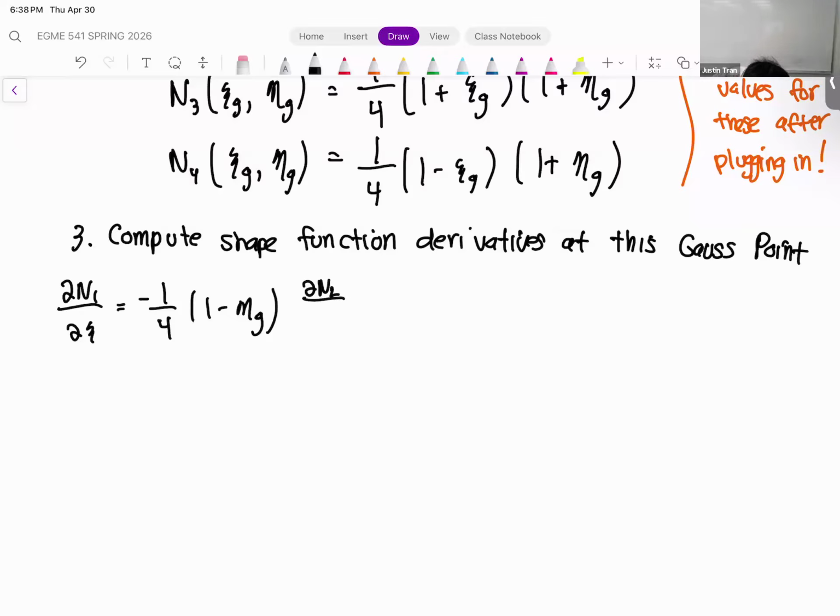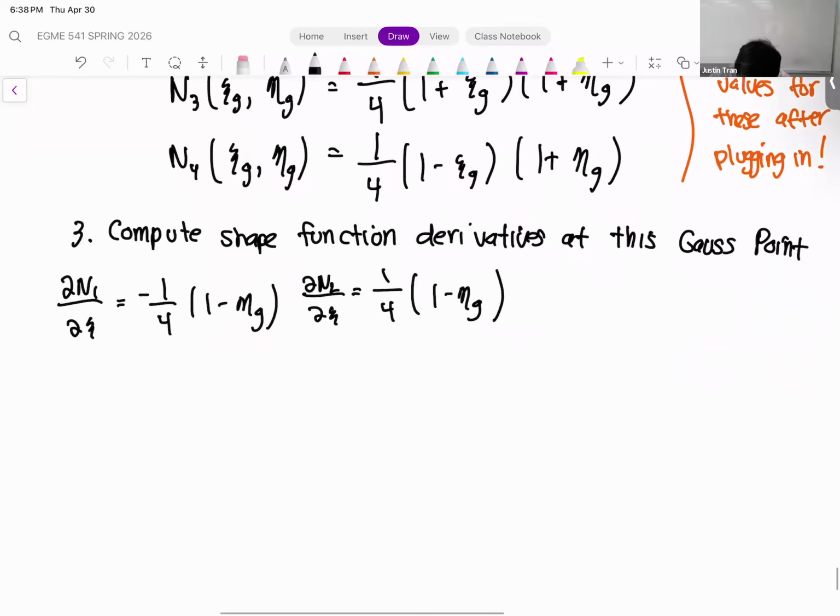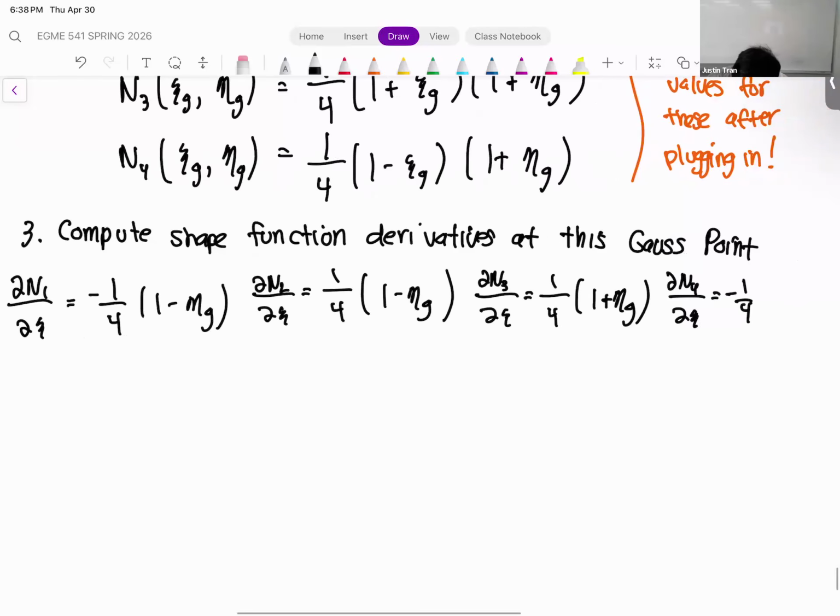Partial n2, partial epsilon is equal to a positive 1/4, 1 minus eta g. Partial n3, partial epsilon is equal to 1/4, 1 plus eta g, and then partial n4, partial epsilon is minus 1/4, 1 plus eta g.